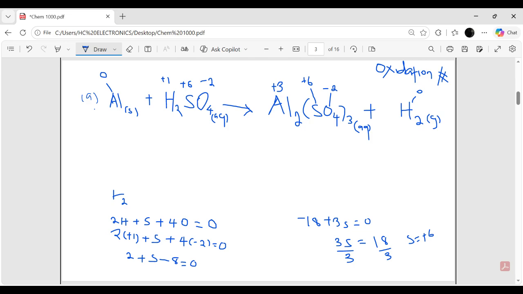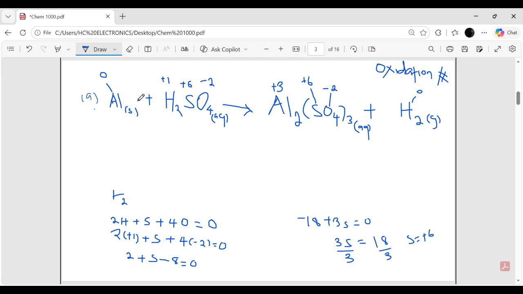There are four. Number three, oxidation is the loss of hydrogen atoms from a compound or molecule, as long as you're losing hydrogen. Number four, oxidation is the loss of electrons. So you can define it like this.